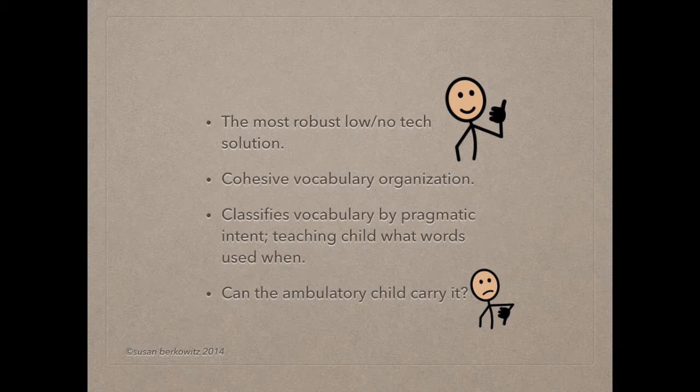The POD books are the most robust low or no-tech solution. They have a cohesive vocabulary organization. They classify vocabulary by pragmatic intent, teaching the child what words should be used when. The biggest question I have found with my students is, can the ambulatory student carry it around with him.